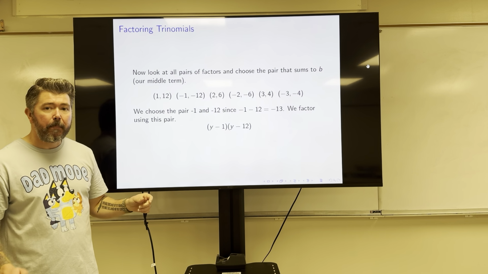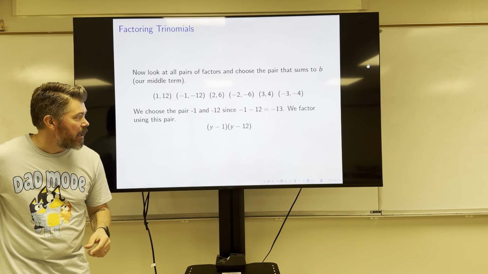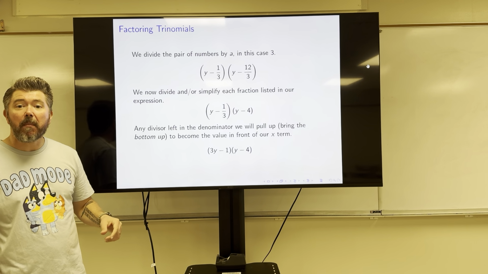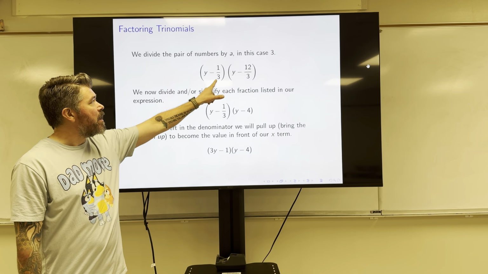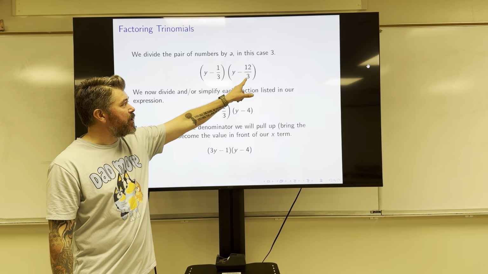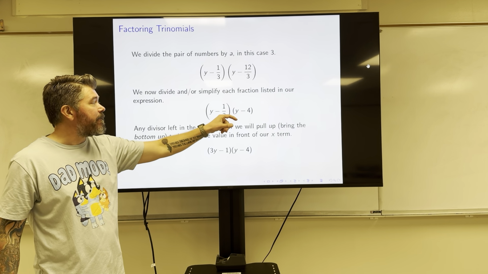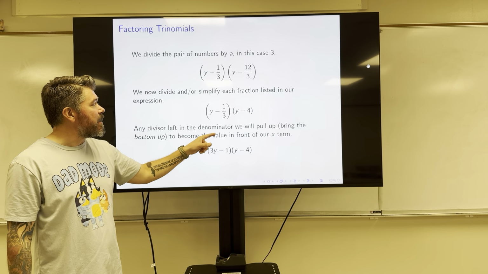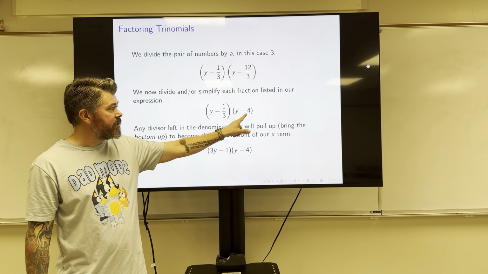Okay, but we have to remember the bottoms up method. So now I'm going to take my A. Remember, my A was 3. So I'm going to divide each of these terms by 3. I'm going to simplify by dividing or reducing. This one doesn't reduce. This one divides nicely.